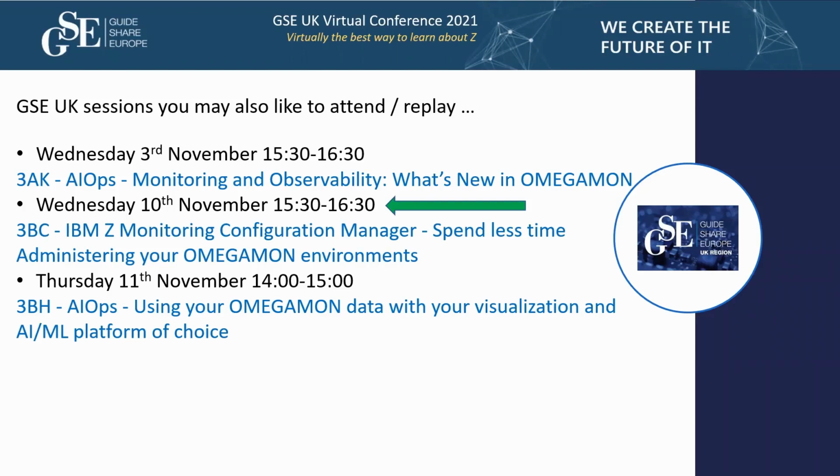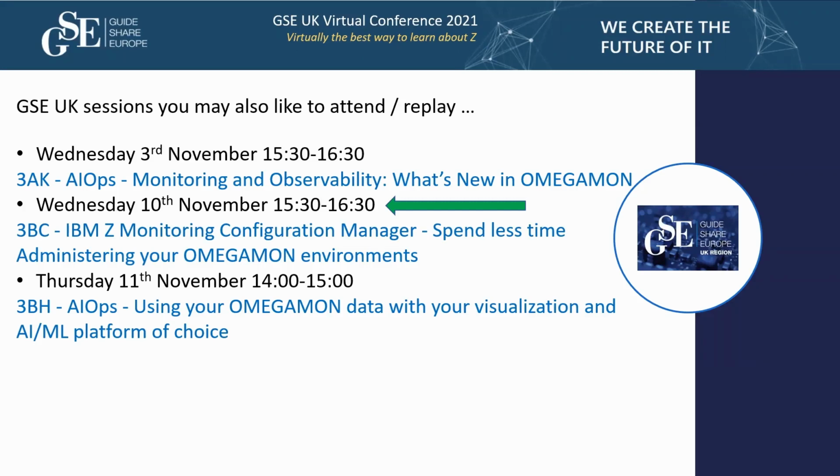And then another exciting development tomorrow, so please do join us on 3BH. This is using your OMEGAMON data with your visualization and AI ML platform of choice. You can sense probably from the title that it's referring to data availability in other platforms.